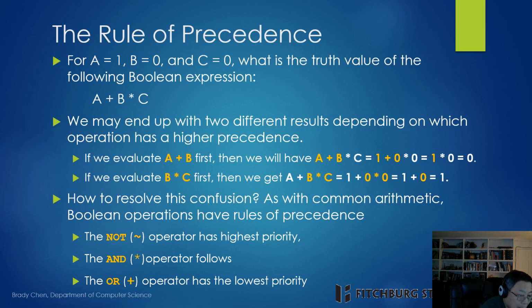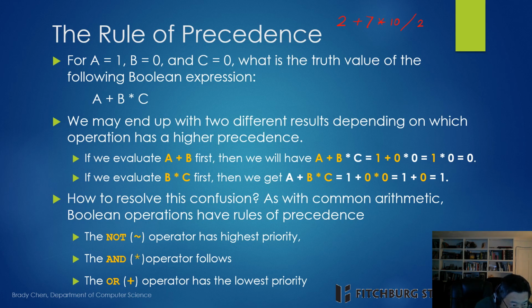Let's take a look at an example. Say we want to perform an operation like 2 plus 7 times 10 divided by 2.